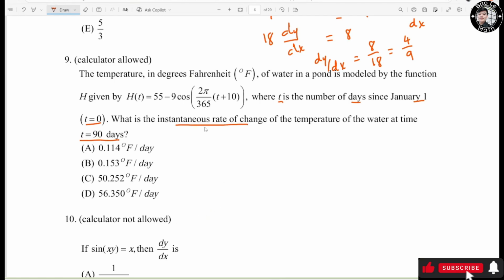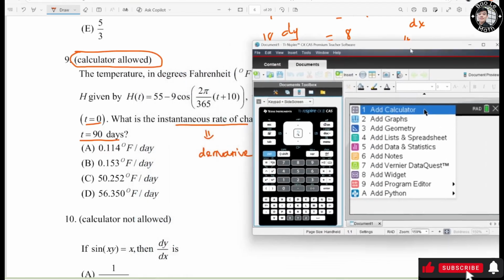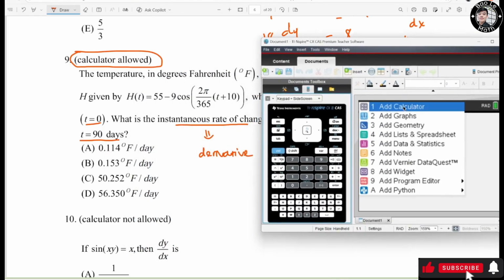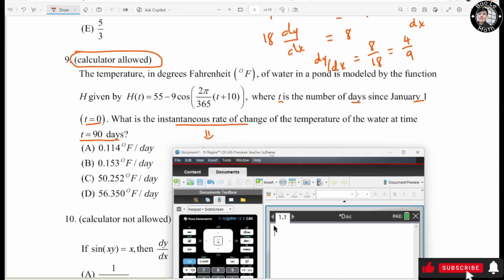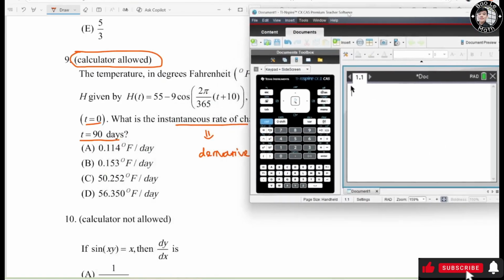Another name for the instantaneous rate of change is derivative. Since this one allows you to use the calculator, we just pull up the calculator. Alright, we need to take the derivative of this one, and then we need to evaluate at t equals 90 days.